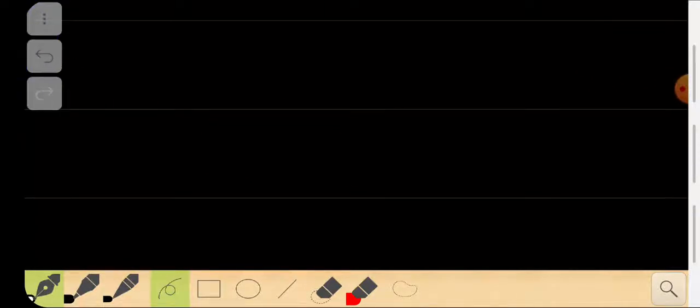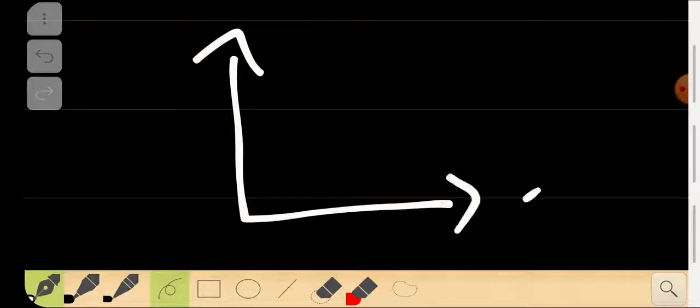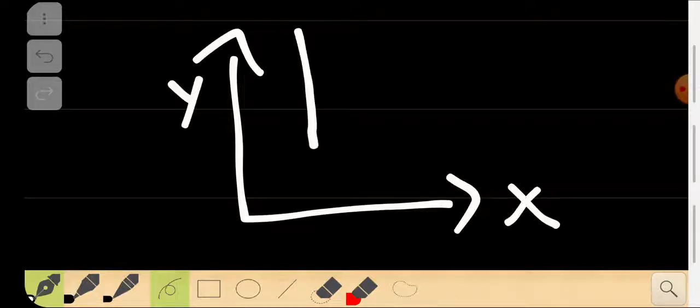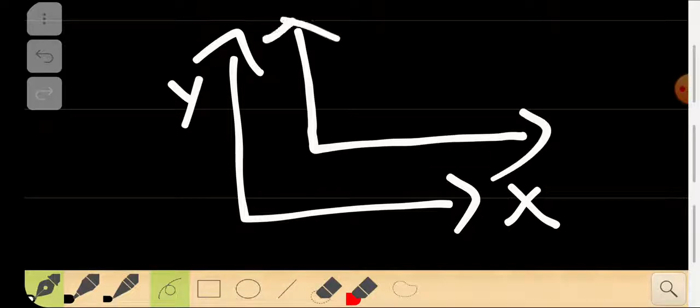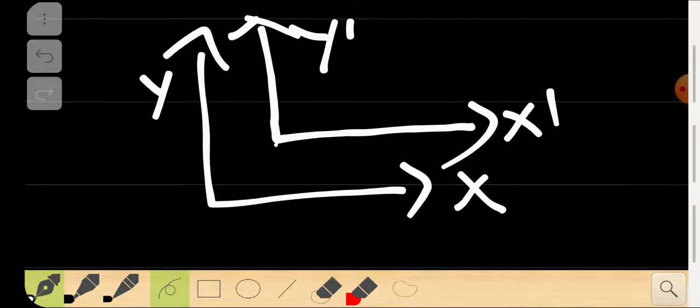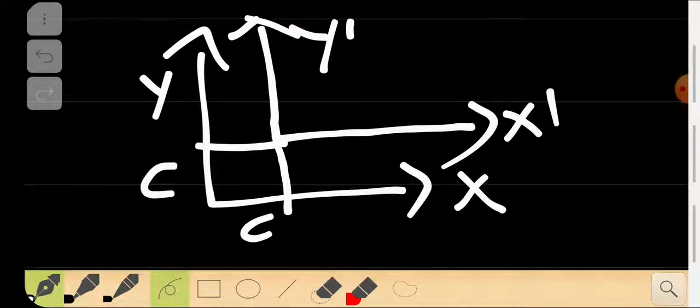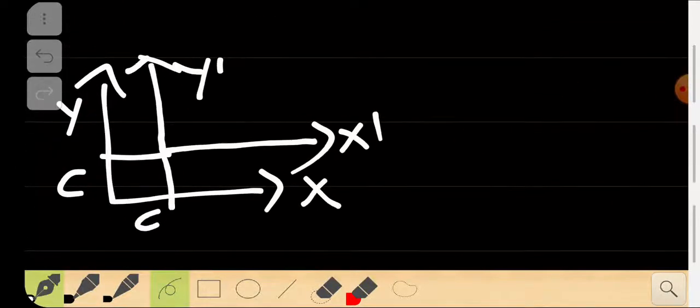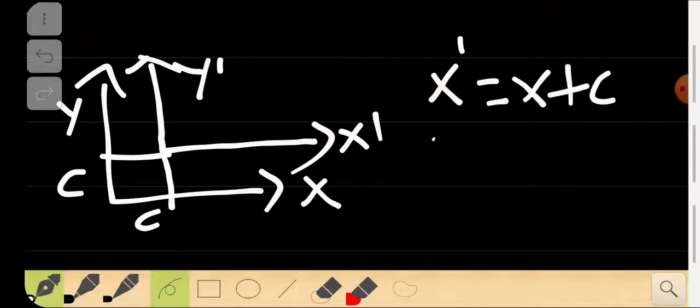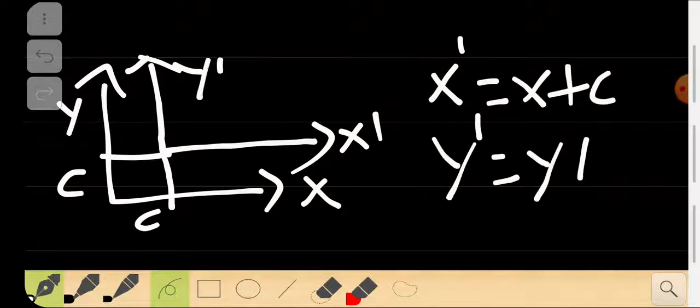Now if you look at a third case, where you have a coordinate system x and y, and a new coordinate system x dash and y dash, you can clearly see there is an intercept change in the new coordinate system on both x and y. So this will be some constant c, and this will also be c. Then you can write x dash equal to x plus c, and y dash equal to y plus c, right?